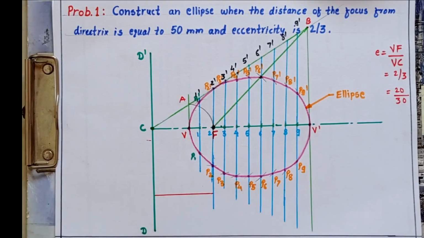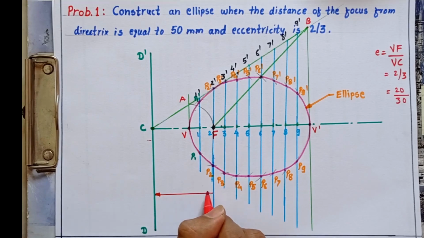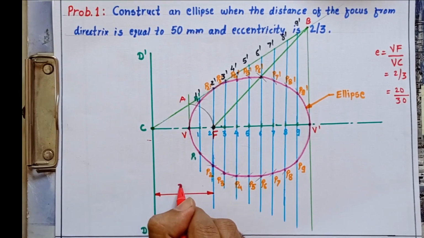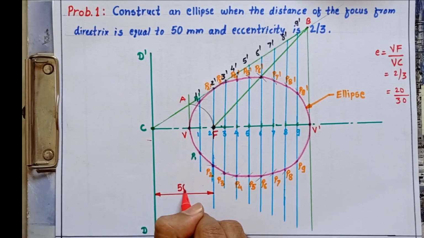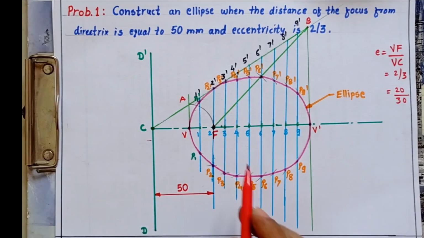These two are the extension lines. Draw the arrowheads, which are completely filled isosceles triangles, and over here we mention 50 mm. Distance of the focus from the directrix is 50 mm. Now this is the complete solution for the given problem statement. Thank you.